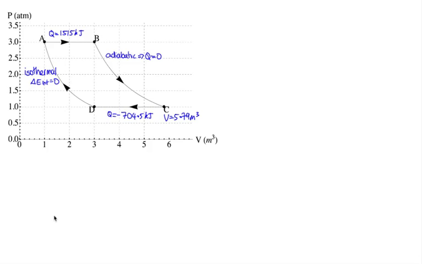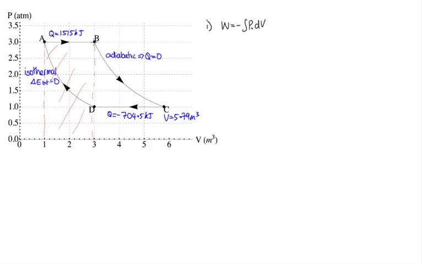Okay, so looking at the questions, first says calculate the work done as it goes from A to B. So to do the work, remember we just need to find the area under the curve. So what we need to do is find this volume in here, and that comes about because work is equal to minus the integral of P dV.